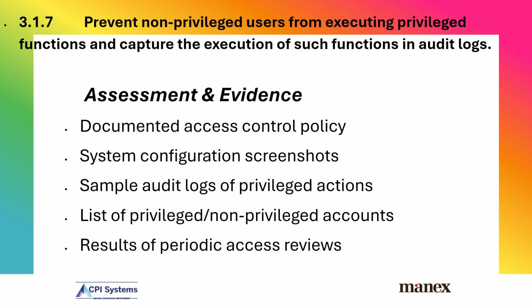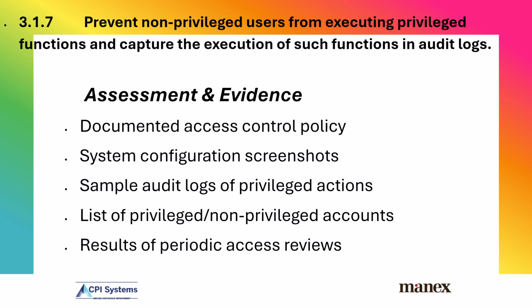Okay, let's talk about evidence that an assessor will ask for to show compliance. One would be the documented access control policy. This may be the first thing requested. Another is system configuration screenshots. They can also request records, screenshots, and procedures from your administrator. How about sample audit logs of privileged actions?